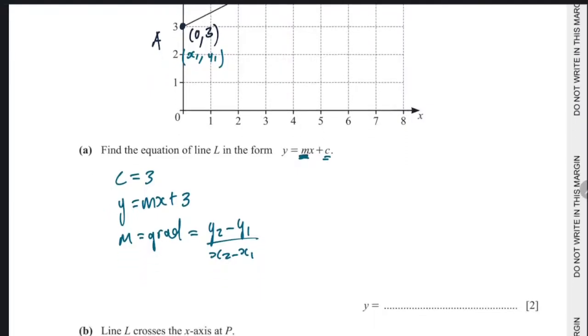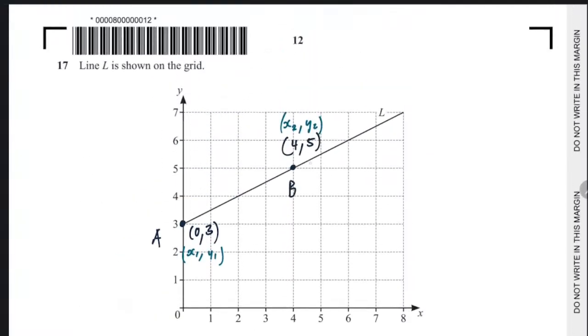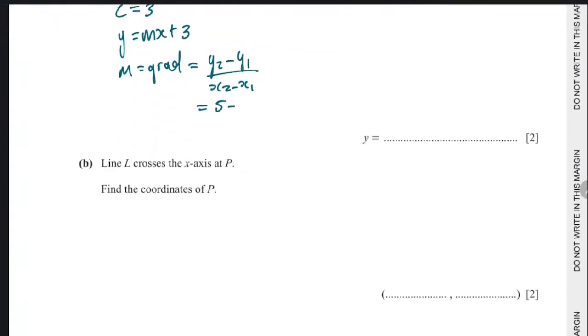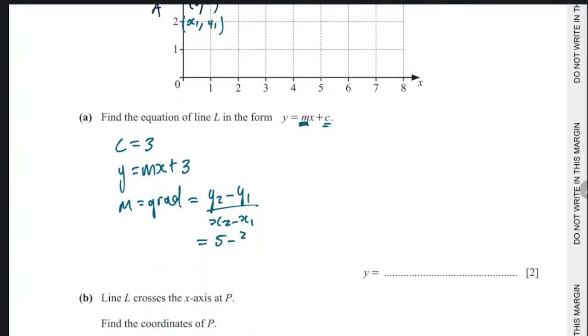Change in y over change in x. So it's going to be, what is my y2? I come, I check, I see it's 5. Minus, what is the y1? y1 is 3.